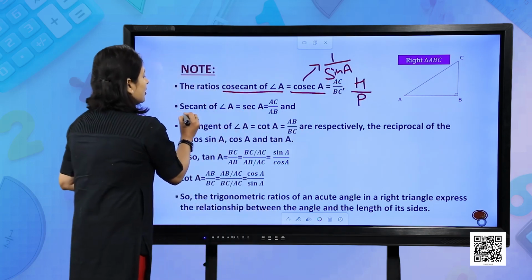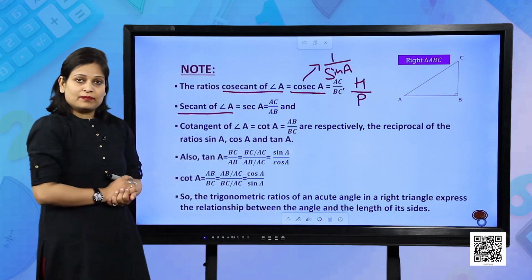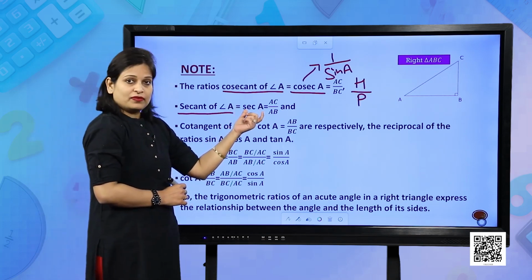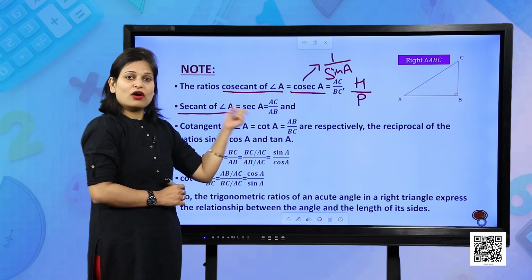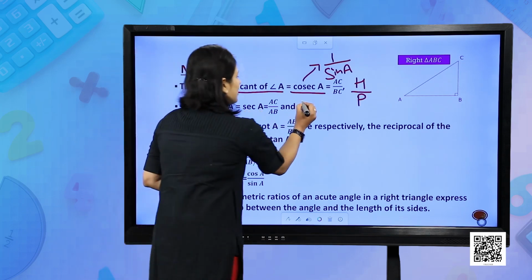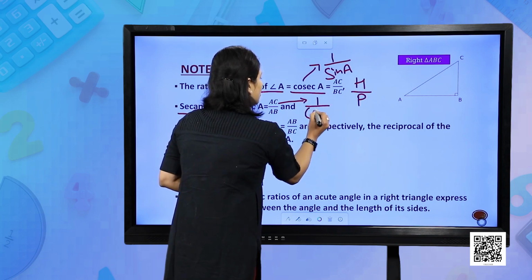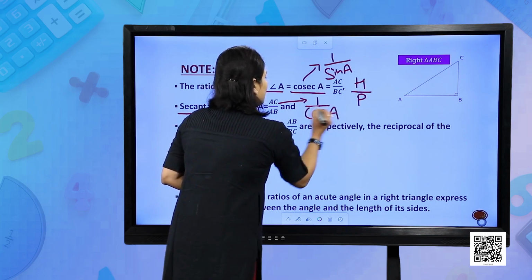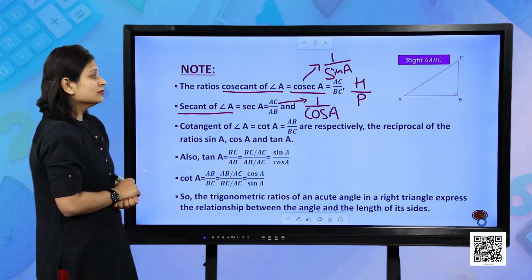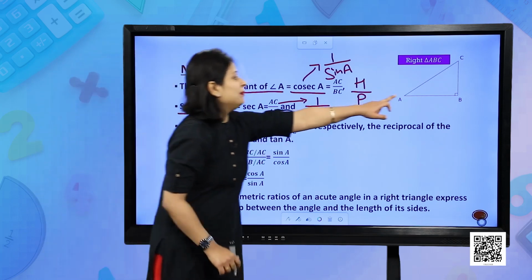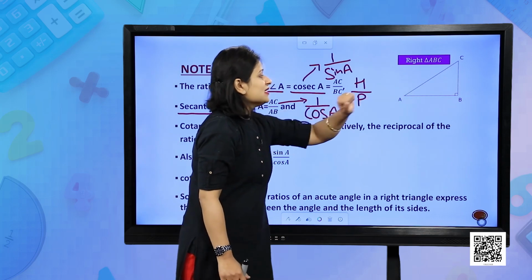Now, what about secant of angle A? We call it in short sec A, which is the reciprocal of the cos function. This is basically 1 upon cos A. As you can see, the value of cos A is AB upon AC.